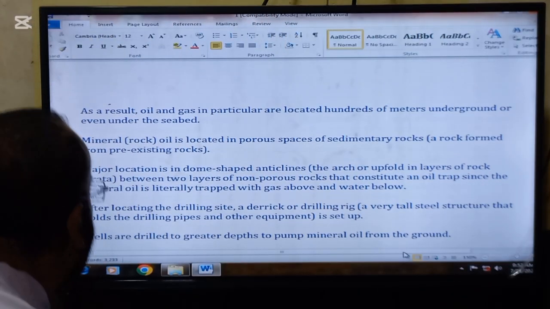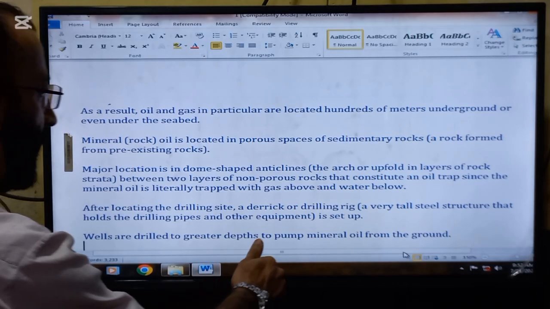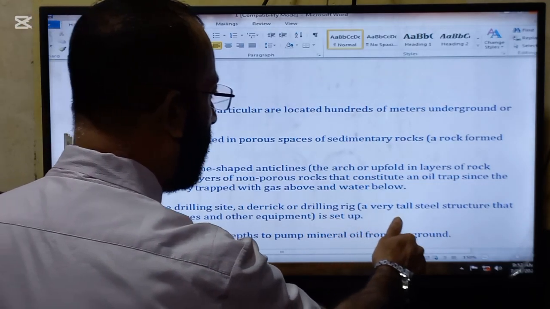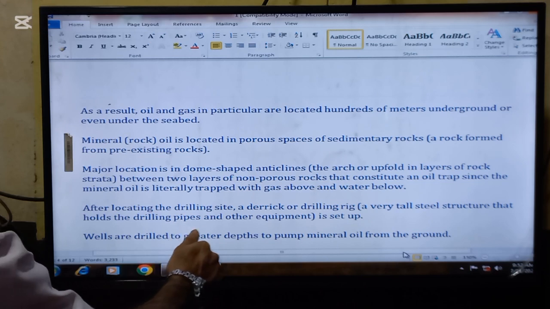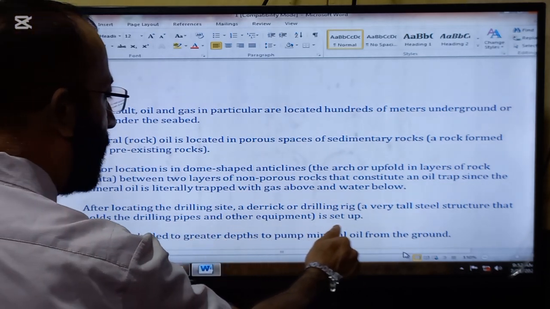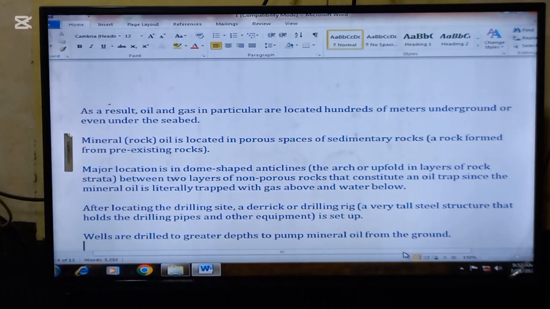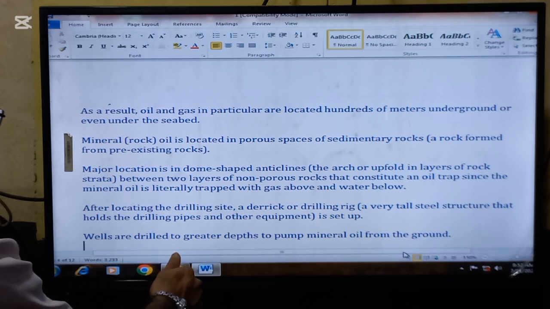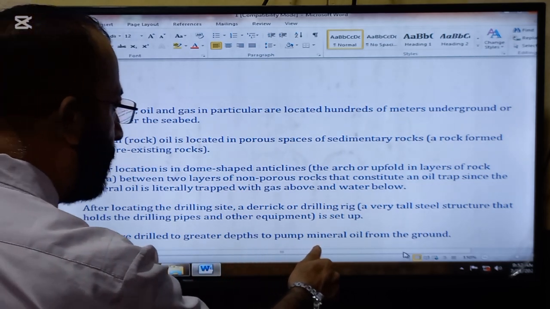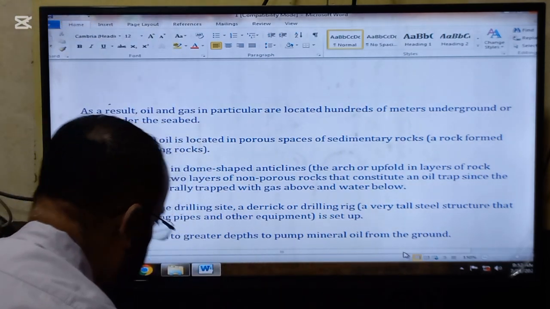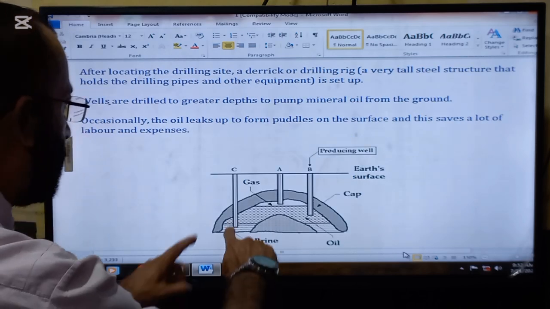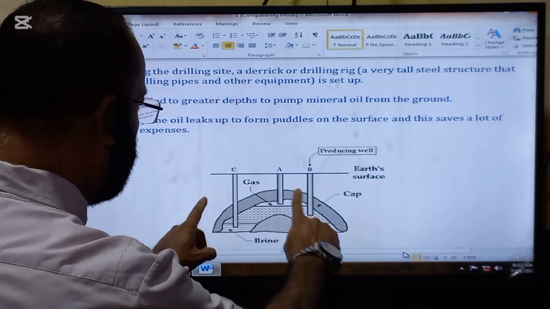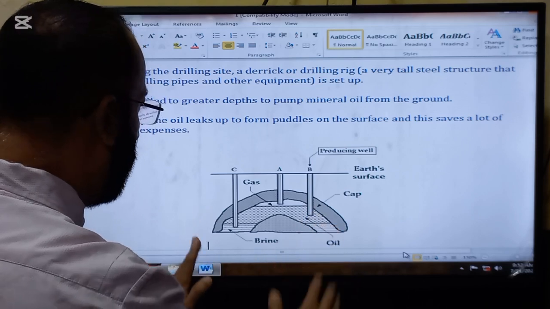After locating the drilling site, a derrick or drilling rig, a very tall steel structure that holds the drilling pipes and other equipment, is set up. Wells are drilled to greater depth to pump mineral oil from the ground. So this is our arrangement. This is a dome-shaped porous rock.